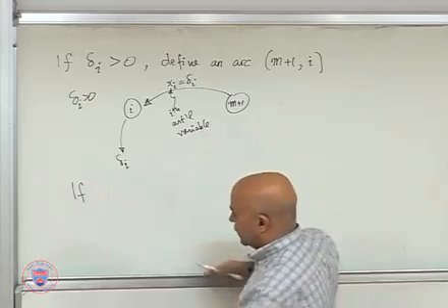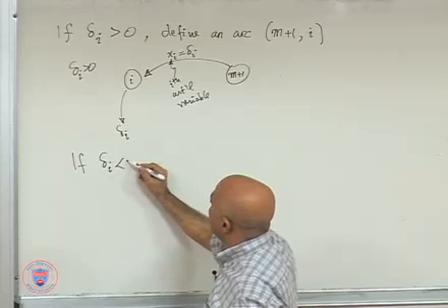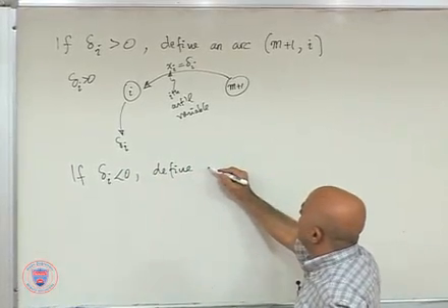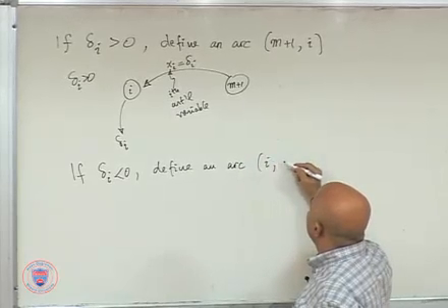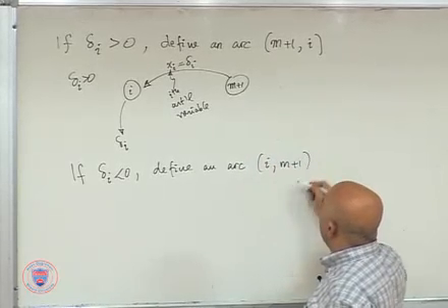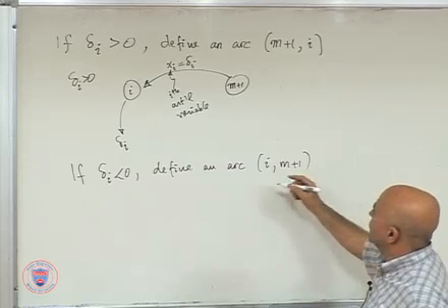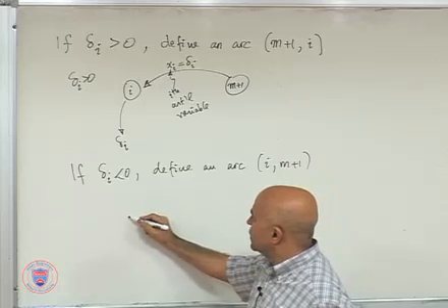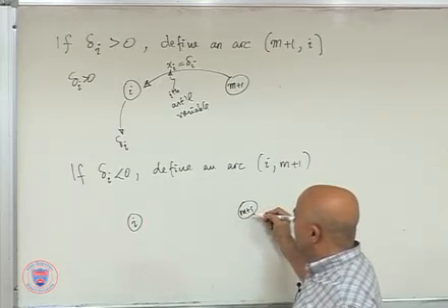If, on the other hand, delta i happens to be less than 0, we need to define a reverse arc. Define an arc from i to m plus 1 and a variable xi associated with this. So in this case, i is here, m plus 1 is here.